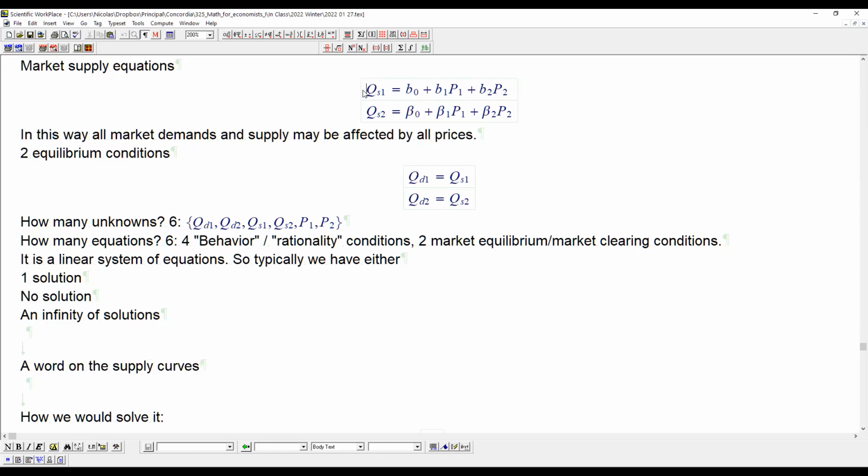So I have written them this way. It means that the quantity supplied by a firm is a function of the price of its own market and a function of the price of the other market, and the same for the second one. From an economics point of view.